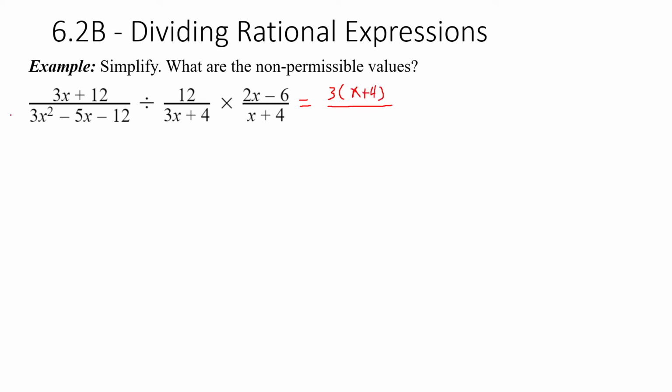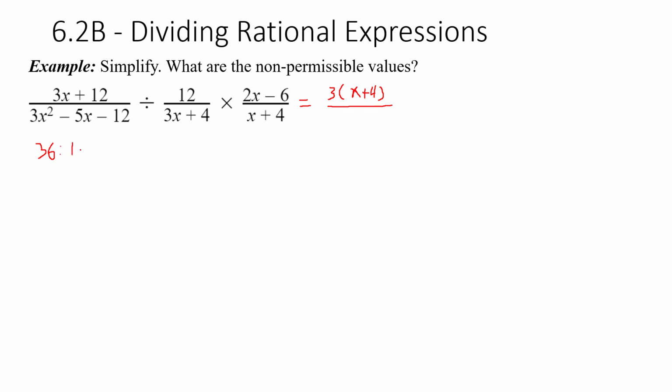In the denominator, we'll need to do some trinomial work here. We'll need to factor the trinomial. This one does have a coefficient, so do the a times c. 3 times 12 is 36. We want to look for factors of 36 that would give us negative 5 if you summed them together.